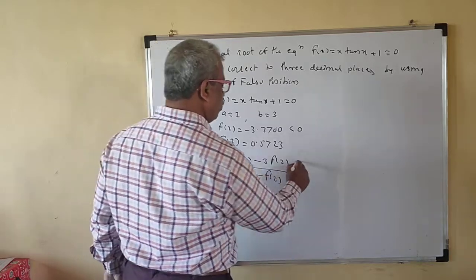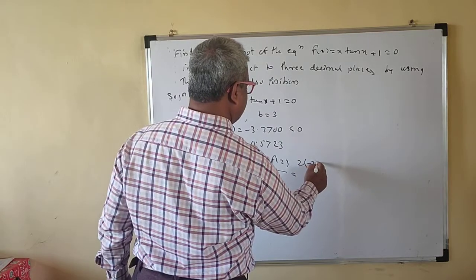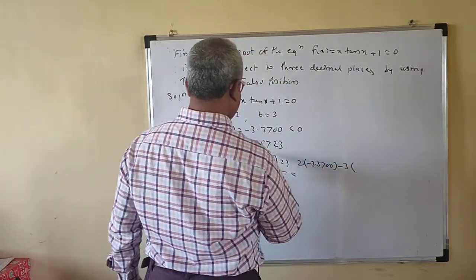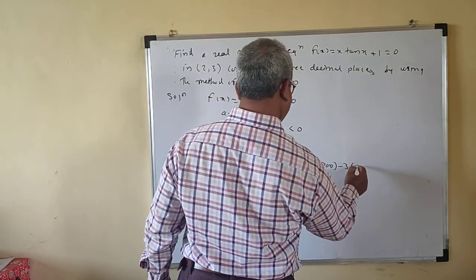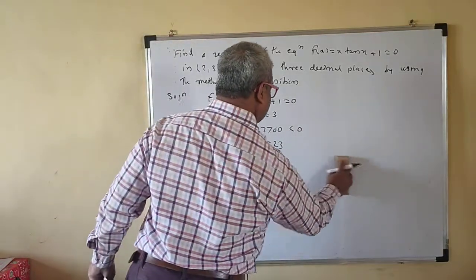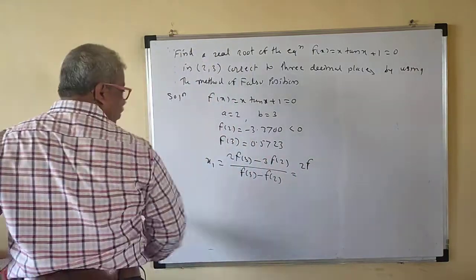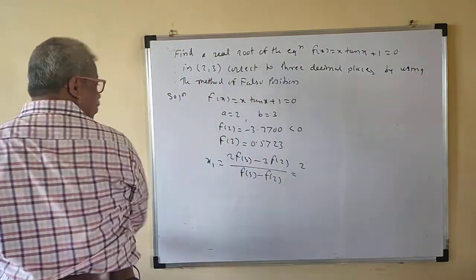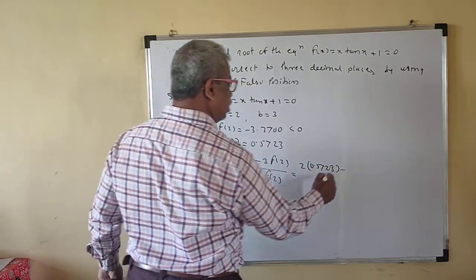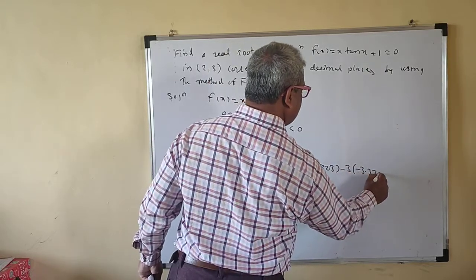So this will be 2 into f of 3, which is 0.5723, minus 3 into f of 2, which is minus 3.37.